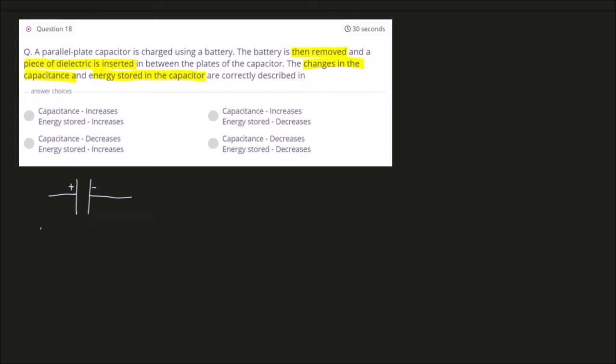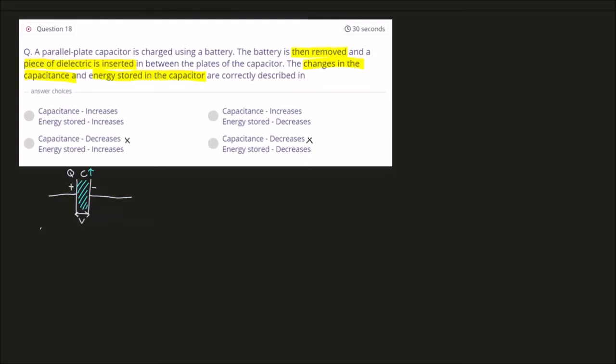At this stage right here, it has a charge of Q and a potential difference across it of V, it is charged already, and the capacitance is just C. But once you have inserted a dielectric inside it, one thing that you know for sure is that C will definitely increase due to this insertion of dielectric. So we will know that the capacitance must increase. So anything with decrease is already wrong.